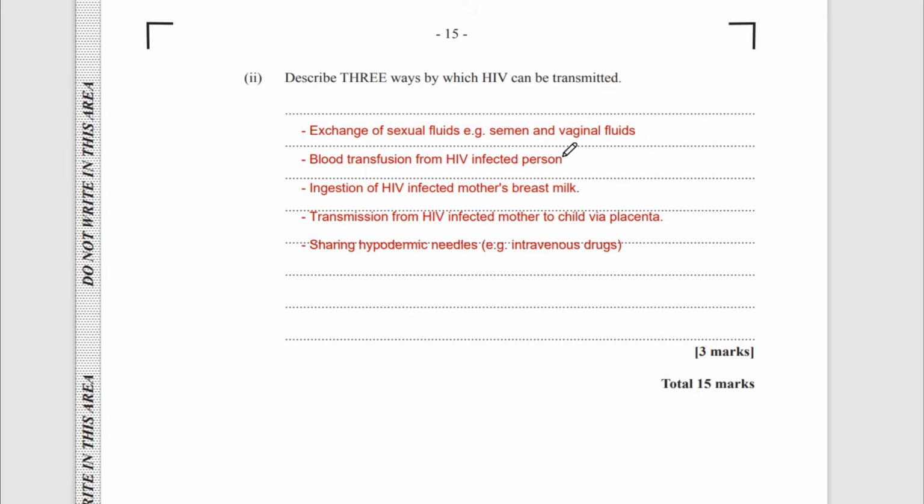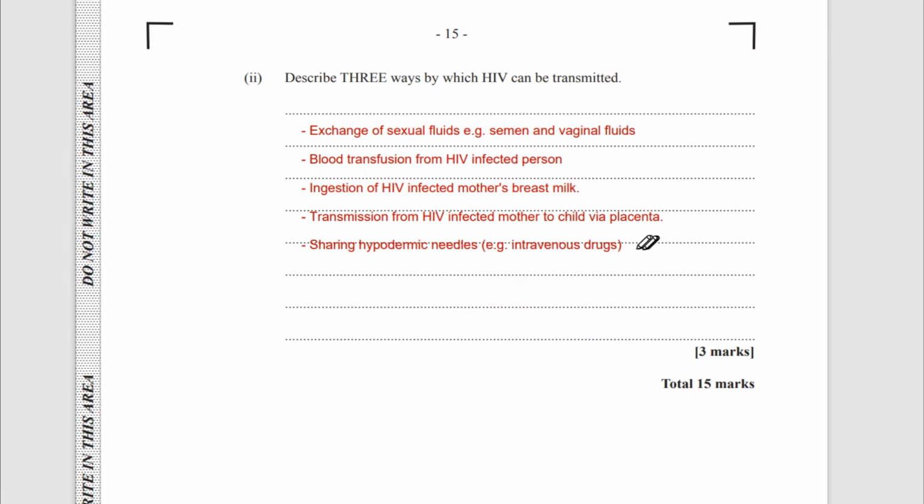Blood transfusions from an HIV infected person to an uninfected person. And this could also occur during organ transplants. When a baby ingests an HIV-infected mother's breast milk or colostrum, that could also transmit HIV from mother to child. It also could be transmitted from mother to child via the placenta during childbirth.